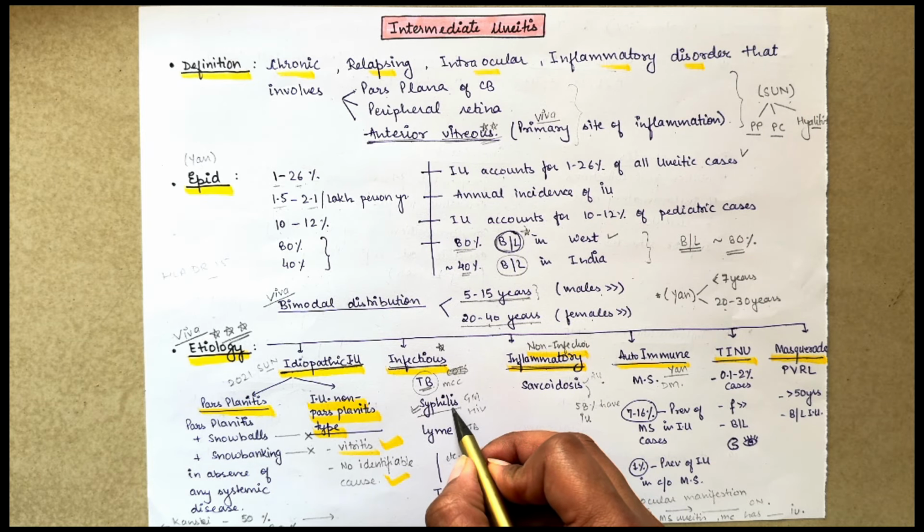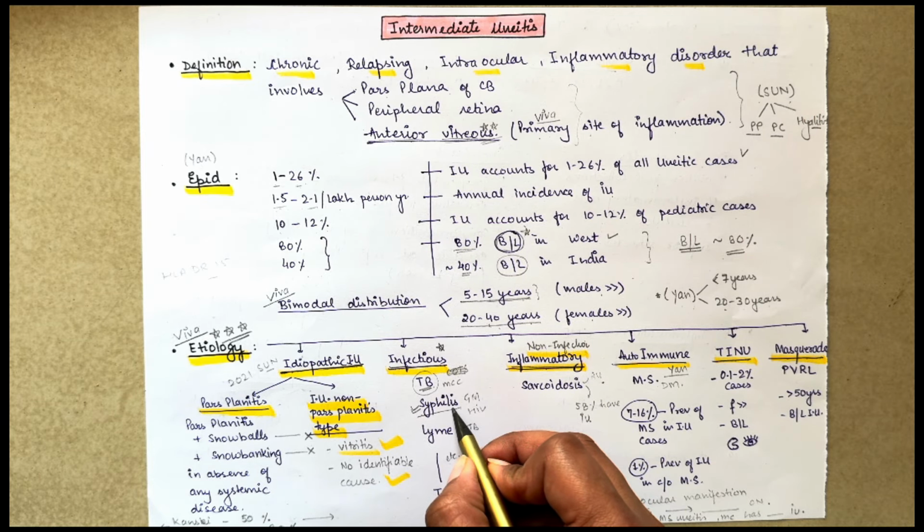So you remember one important disease, which is sarcoidosis. Sarcoidosis, the most common manifestation is generally anterior uveitis, but in 5 to 8% of cases, they can have intermediate uveitis. So it is important that you rule out sarcoidosis also.